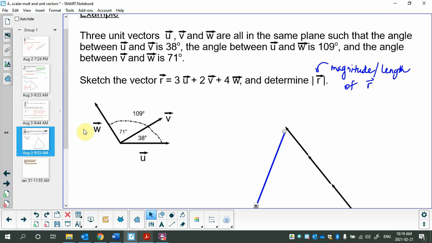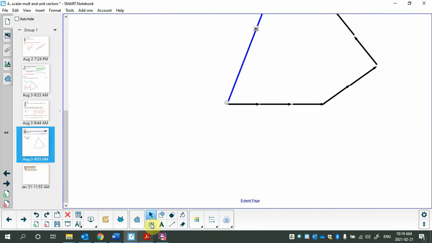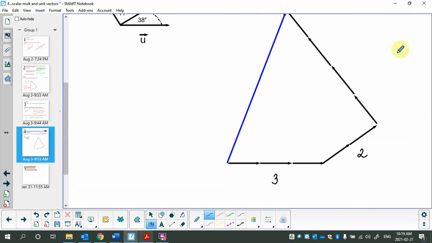So even if I didn't draw them as accurately as I could have, they're all 1 unit long. So what that means is that this side of the quadrilateral, 4-sided figure, is 3 units long. This side is 2 units long, and this side is 4 units long.